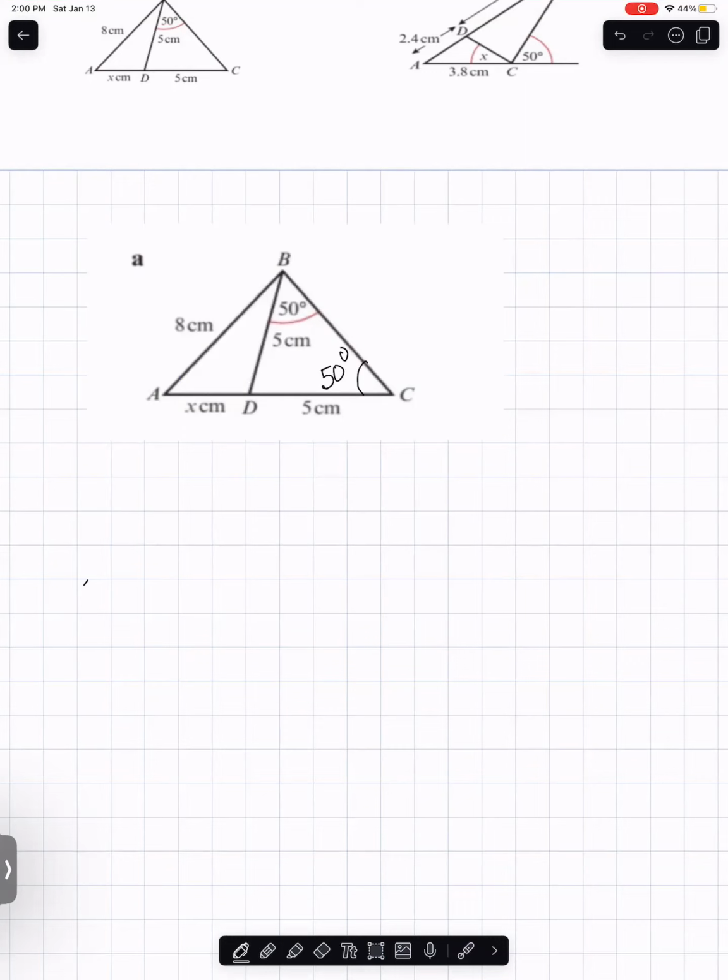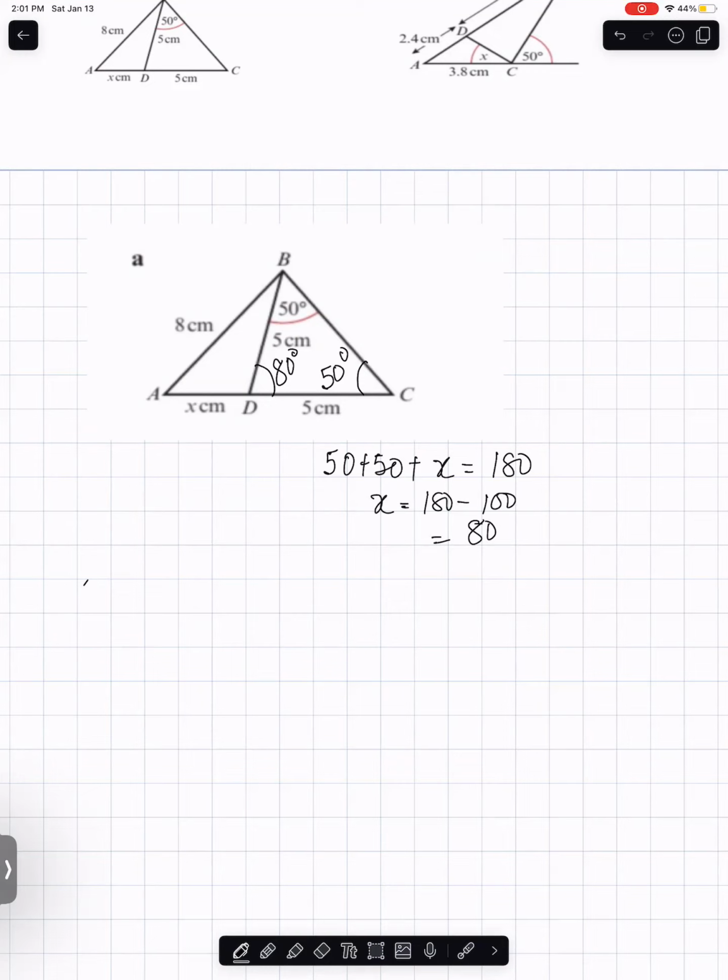So what's the value for the angle marked here? We know that the sum of angles in the triangle is 180. We have 50 plus 50 plus the angle at that point will give us 180 degrees. So the angle will be 180 minus 100, which equals 80 degrees. I have this angle marked here as 80 degrees.